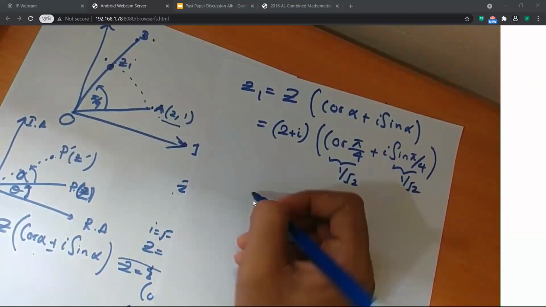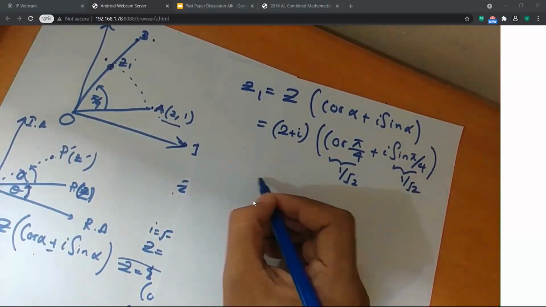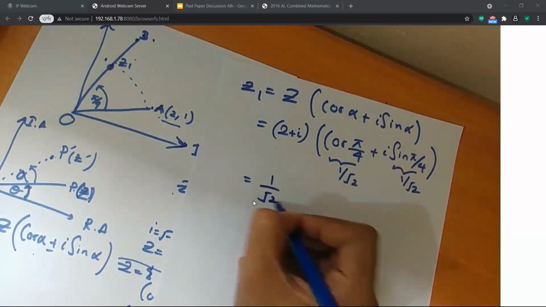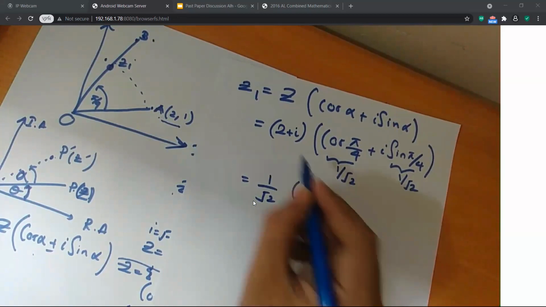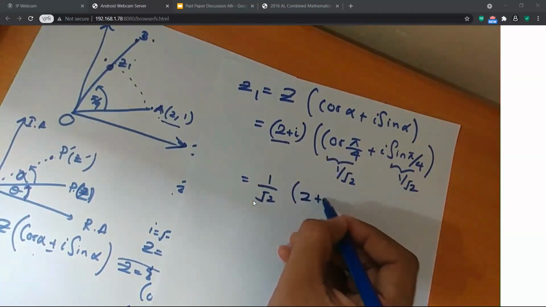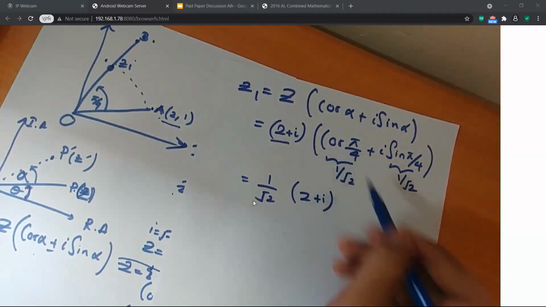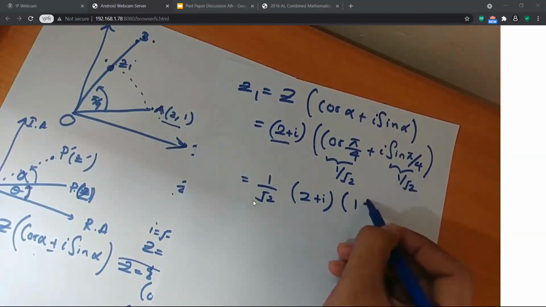So we can take 1 over root 2 outside because it's common. We get 2 plus i here, and what is remaining is 1 plus i.